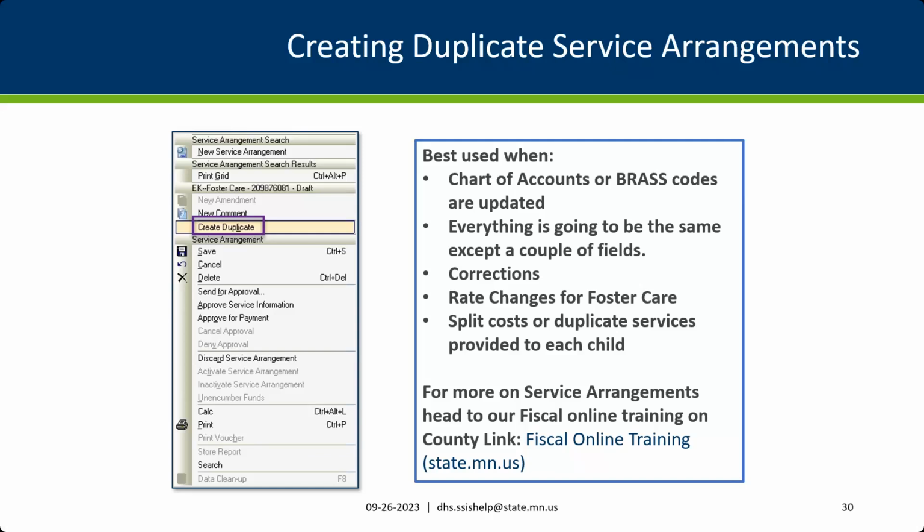You can't copy a service arrangement to a sibling when you are in the individual client's service arrangement folder. When you create a duplicate, you do want to check for accuracy. When using this feature, remember to make corrections and approve for service dates going forward, and also inactivate the old service arrangement that is no longer correct.